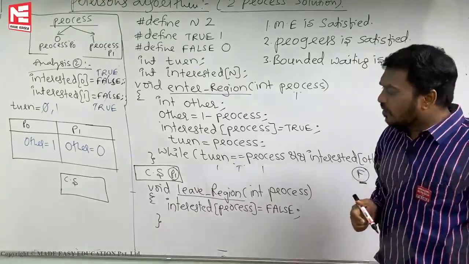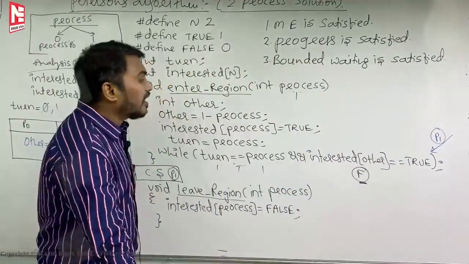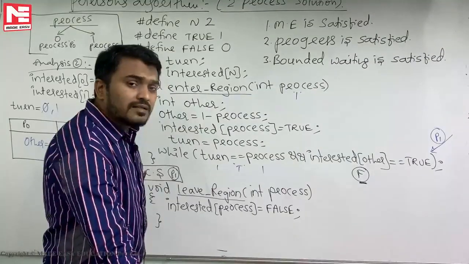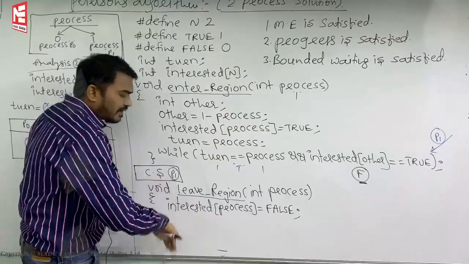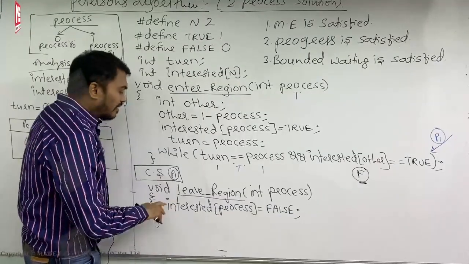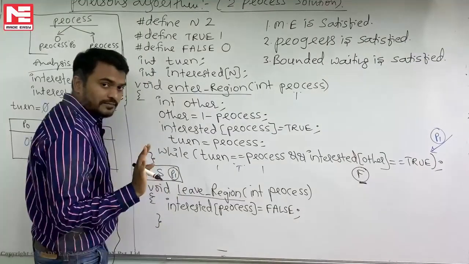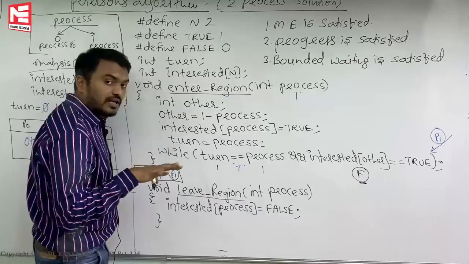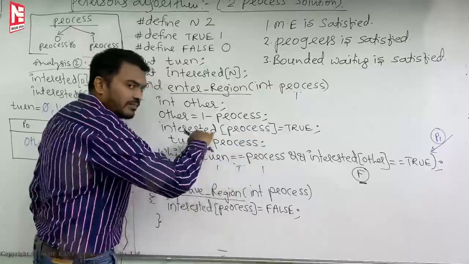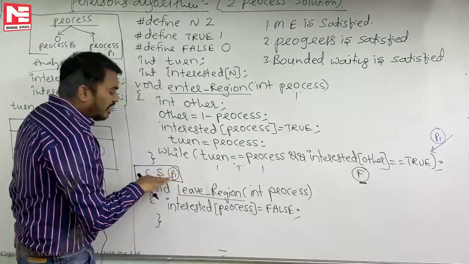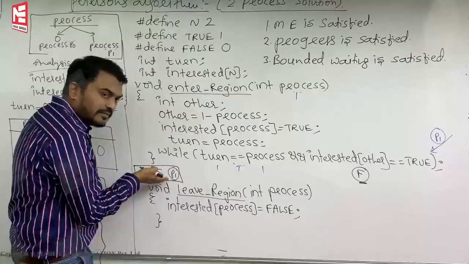Is that clear? So now somebody may think sir bounded waiting obviously ये satisfy होगा, क्यों नहीं होगा satisfied? ओके, अगर ऐसा कुछ हो सकता है क्या? रिमेंबर, मैं ऐसा कोड लिख सकता हूं. देखो यहां पे P0 अभी बाहर गया. ध्यान से सुनो, अभी बाउंडेड वेटिंग कब सेटिस्फाई नहीं होता था? ओके, अगर कोड ऐसा था P0 यहां पे था, P1 यहां पे चेक कर रहे हैं, तो P0 बाहर गया, अब फिर से P0 ही अंदर आया.